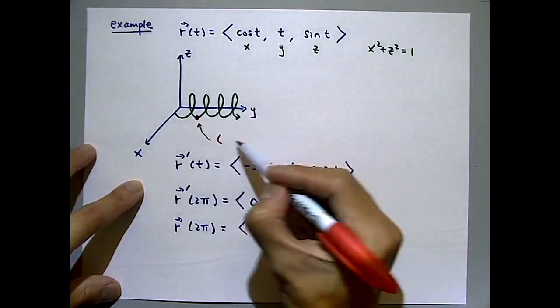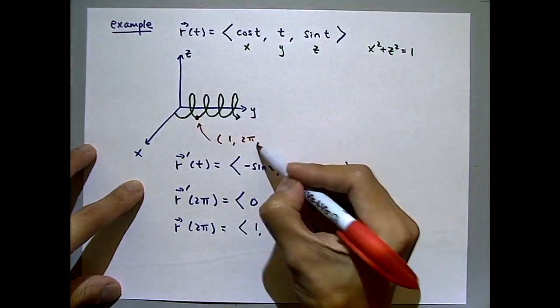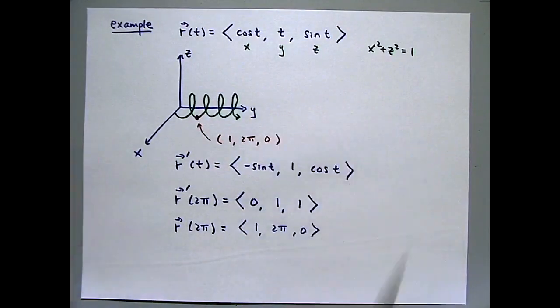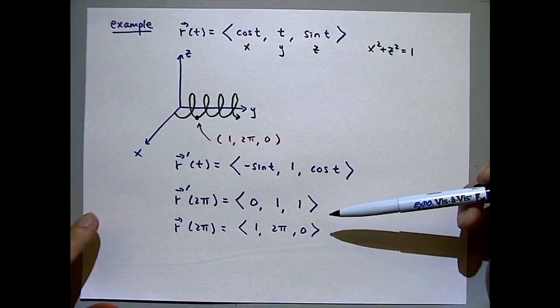This is the point 1, 2 pi, 0. And then at that point there, the vector that's tangent to the curve is 0, 1, 1.